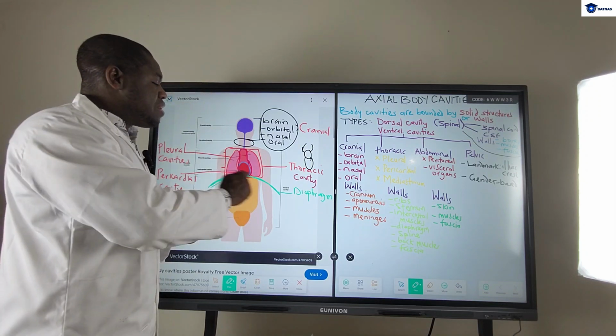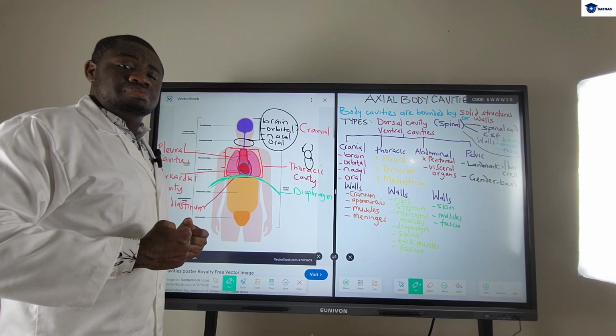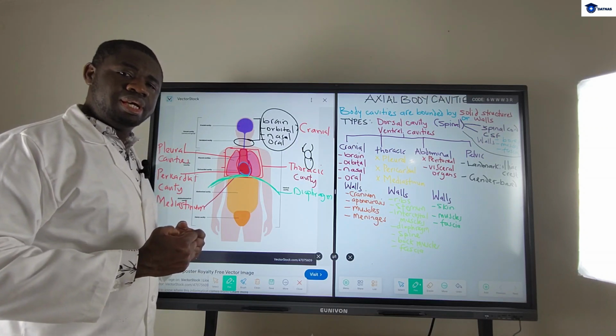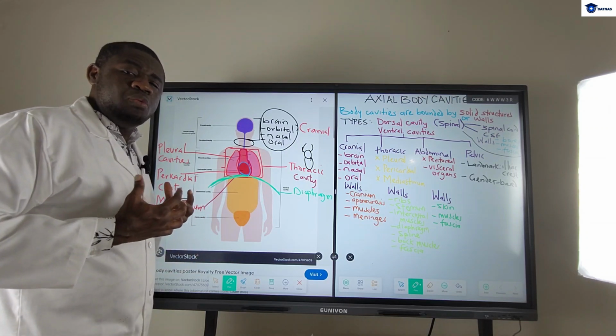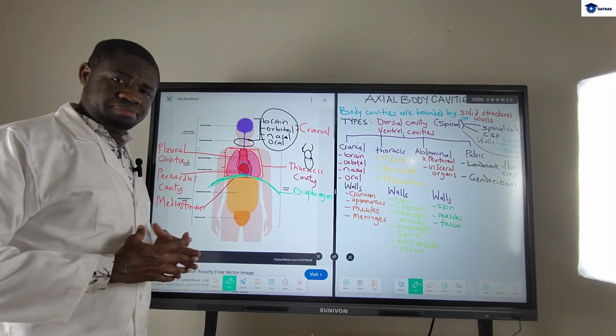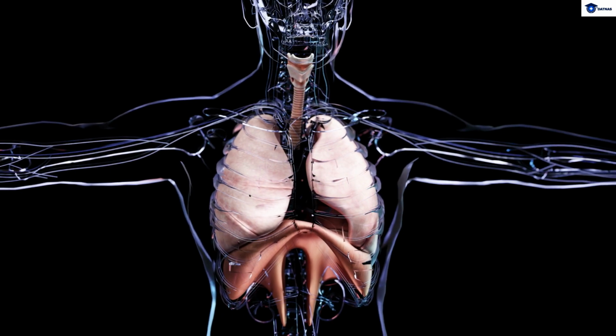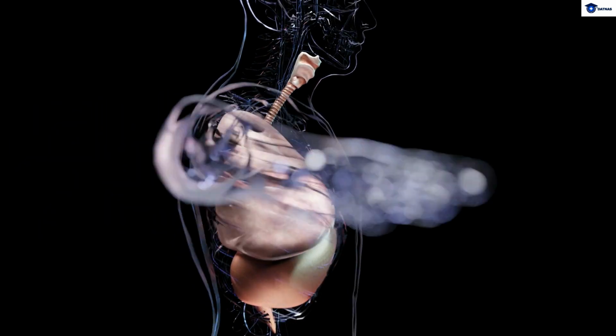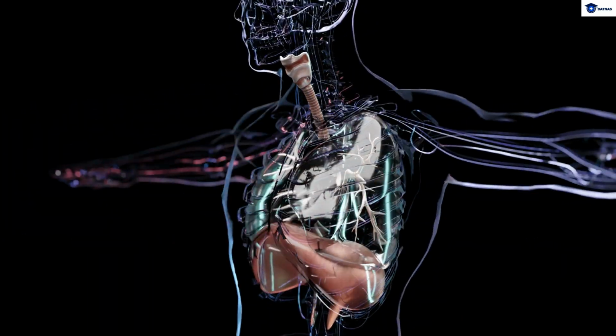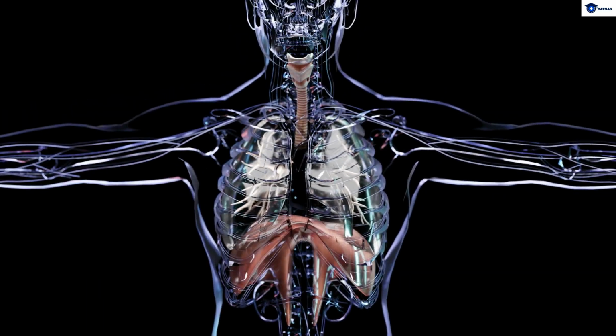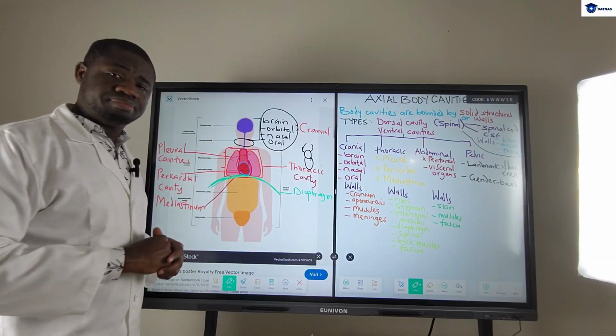And when the diaphragm relaxes, the chest moves inward and downward. So it is very essential in breathing. Diaphragm is one of the essential muscles of respiration.